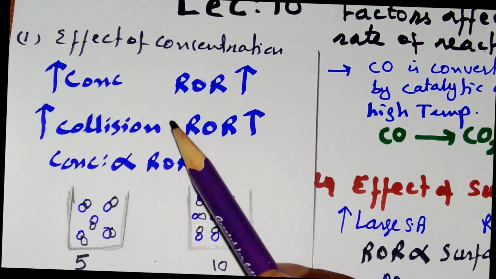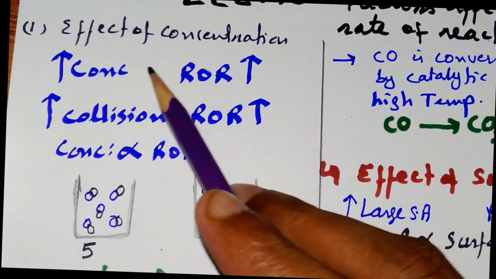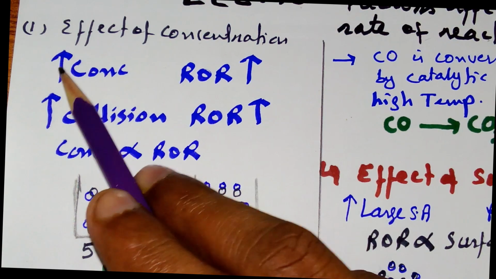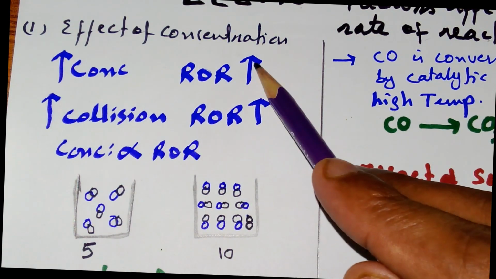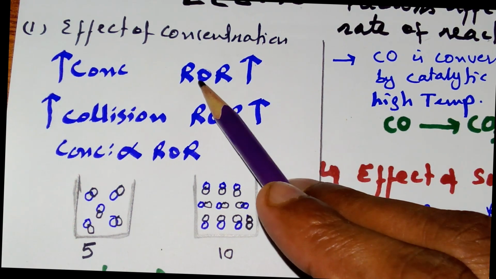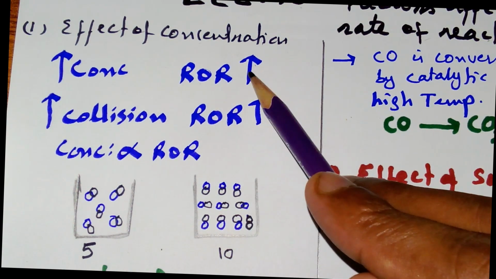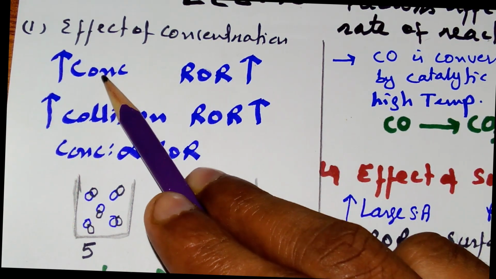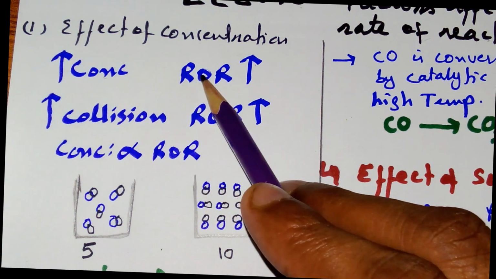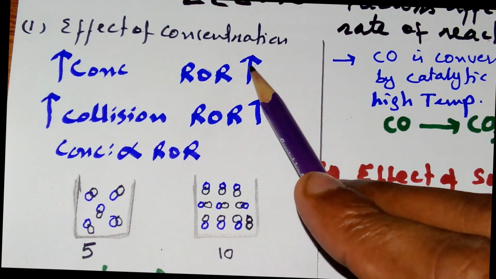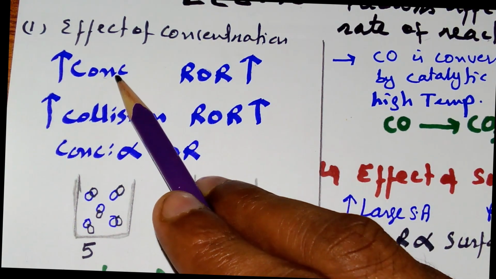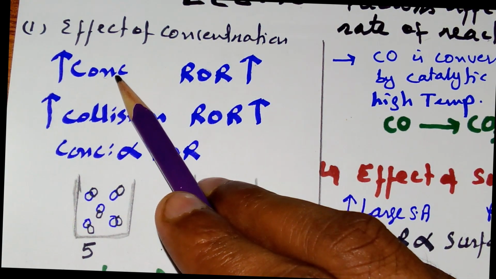We know that if we increase the concentration of a reactant, definitely the rate of the reaction also will increase. ROR stands for the rate of the reaction. What do you mean about the increase in the concentration of the reactant?